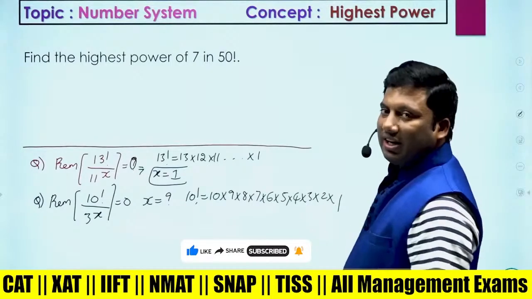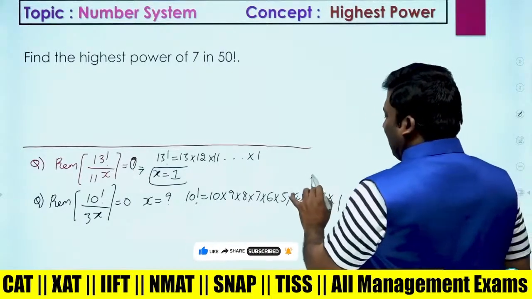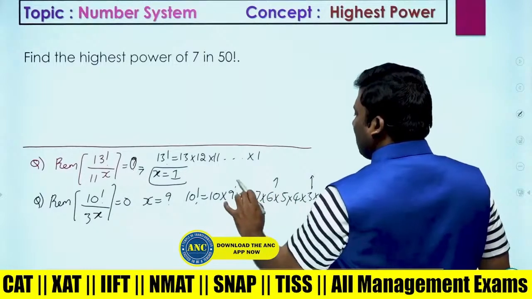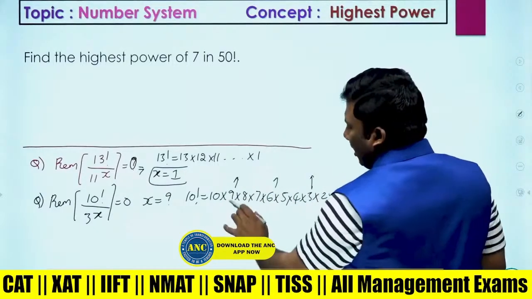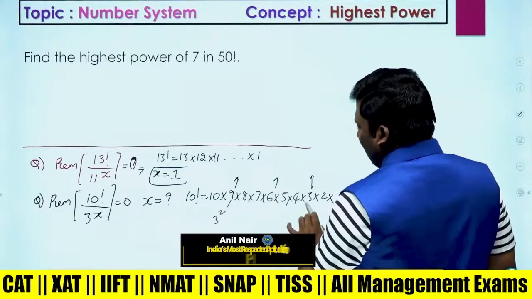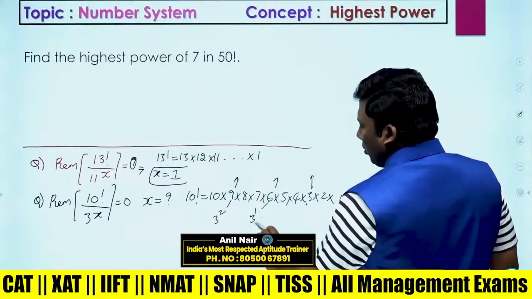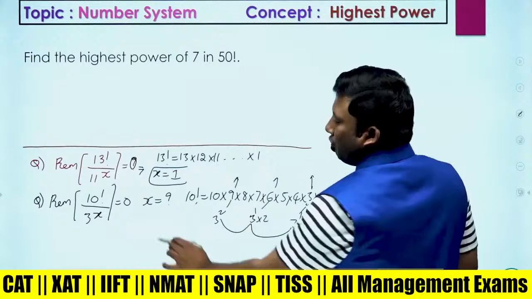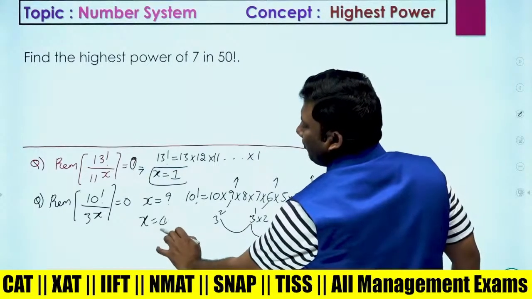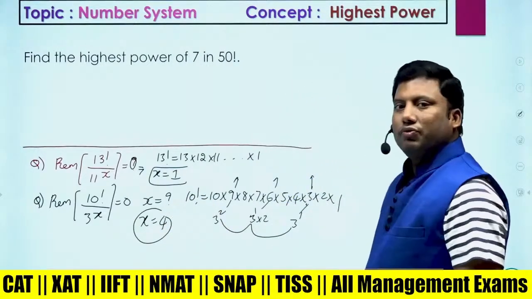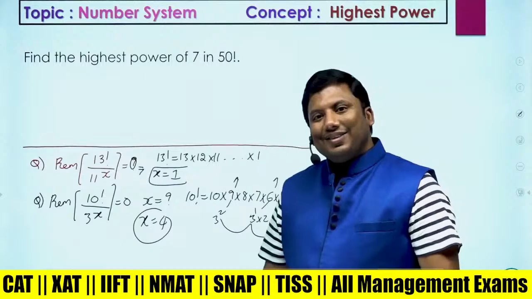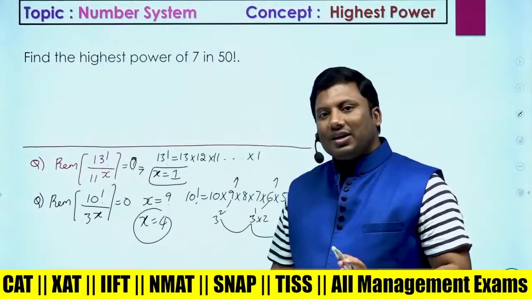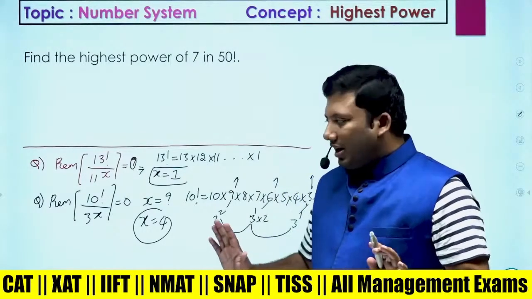Only the concentration is on the power of 3. 9 is 3 square. Here 6 is 3 into 2, so 3 power 1. Here also it is 3 power 1. So in total it is 4. x is equivalent to 4. Is the idea clear to you?